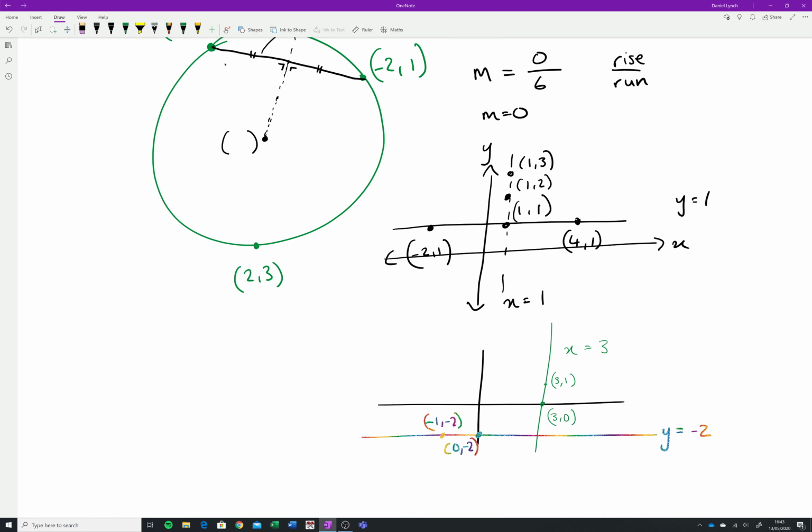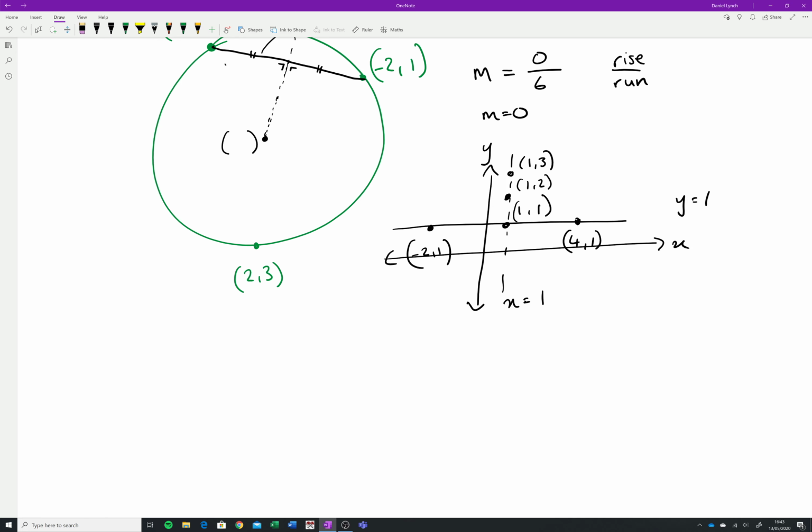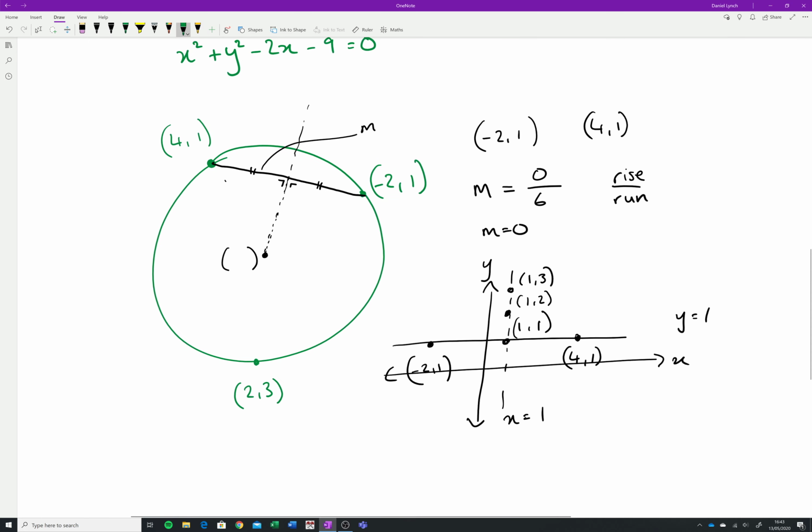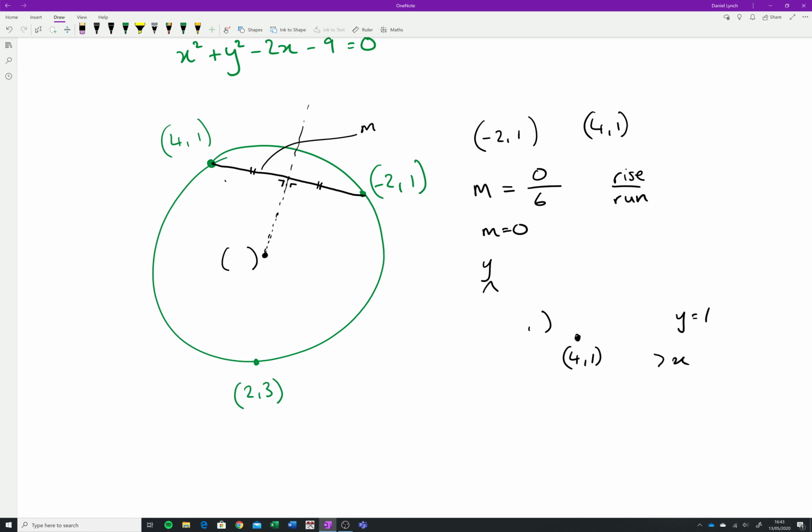Okay, that's basically all that we're saying here. So this is quite an unusual example where we don't have 2 points at angles to each other. This is literally just straight across.